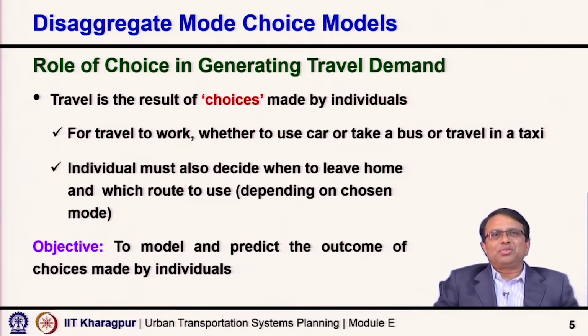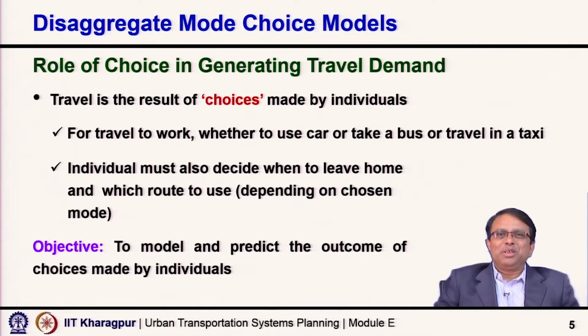Actually, if you see, travel is the result of choices made by individuals in different contexts. In transport, decision making is involved at every stage. Say, for travel to work, whether to use a car, take a bus or take a taxi, alternatives are available, and every individual is making a decision about his or her own travel, and thousands and thousands of individuals are making decisions.